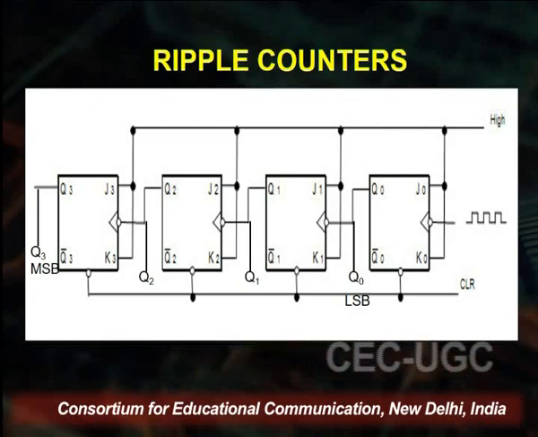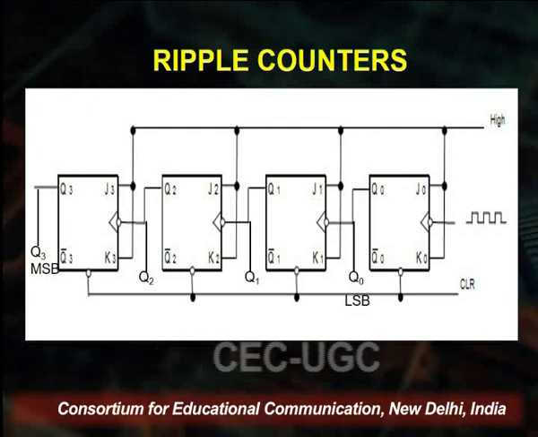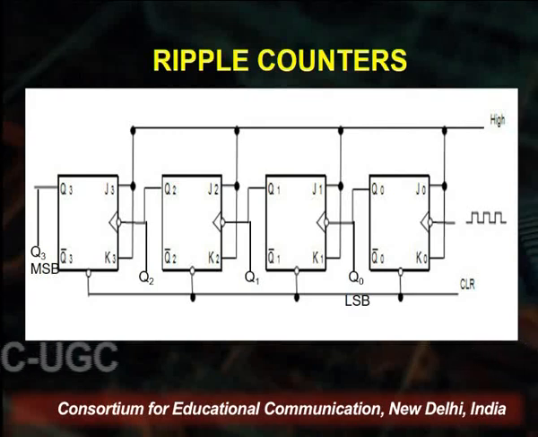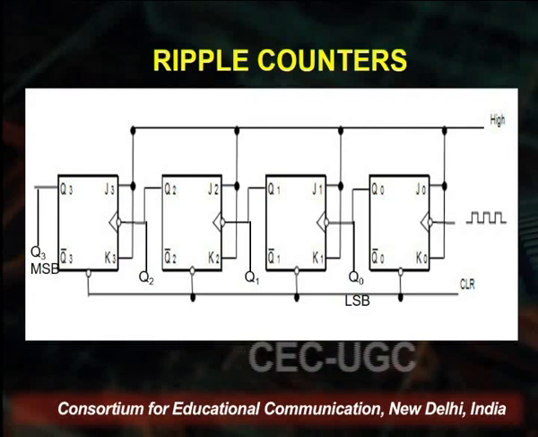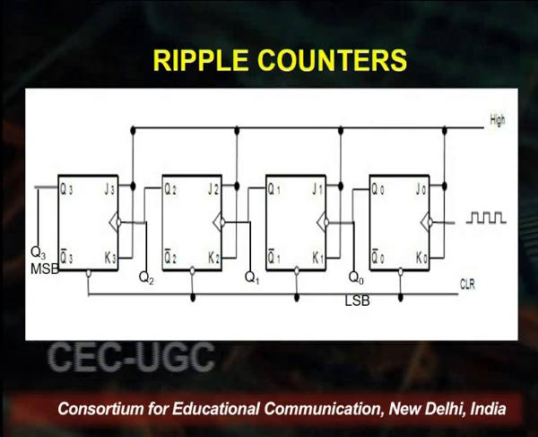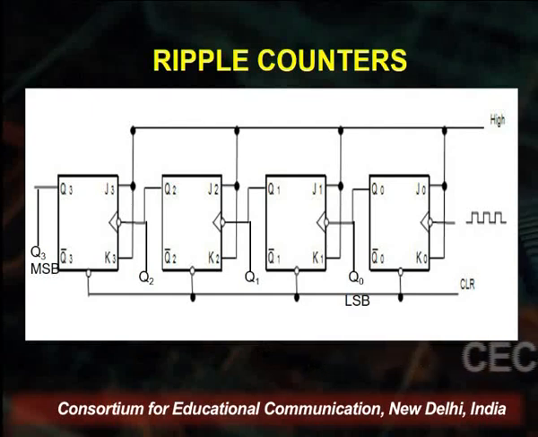Therefore, the output of the second flip-flop would not change, as going from 0 to 1 is the positive edge. Therefore, no change occurs in Q1. Since no change occurs in Q1, the values of Q2 and Q3 also remain the same. Therefore, after the first clock edge, the output that we get, Q3, Q2, Q1, Q0, is 0001.